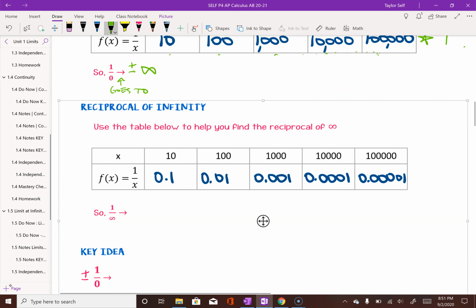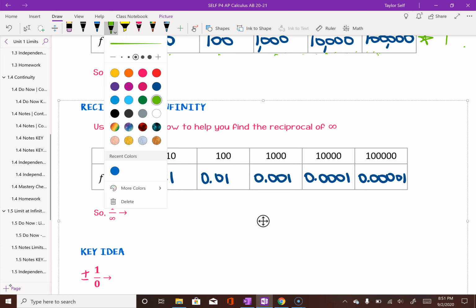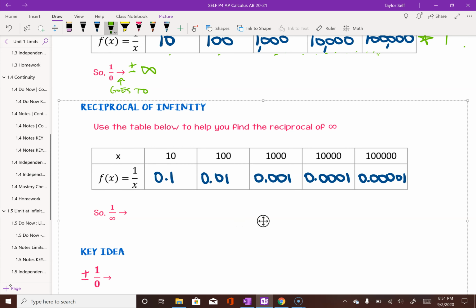Okay, and then let's continue. What about if x is approaching infinity? So the limit as x approaches infinity of 1 over x. If I keep plugging in bigger and bigger numbers for the x value in this 1 over x function, I'm going to get smaller and smaller numbers.